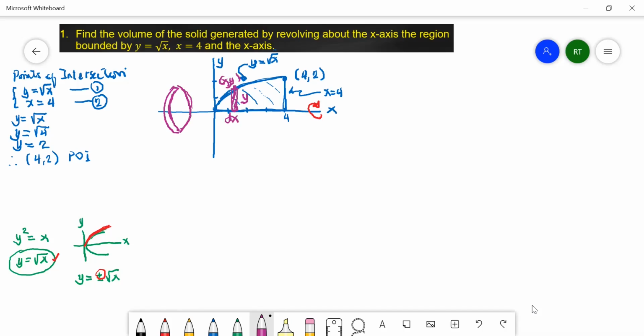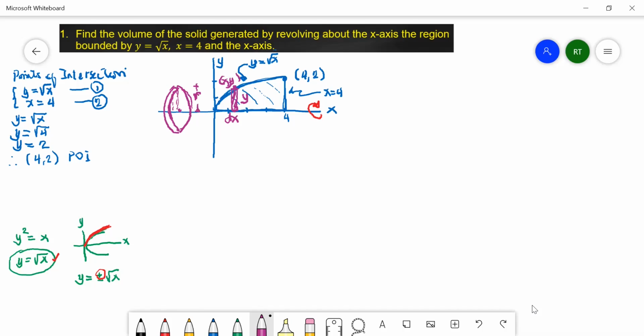And if we rotate the element about the x-axis, we form this circular disc, whose radius is the distance from the center. The center is on the axis of revolution. This is the radius r.